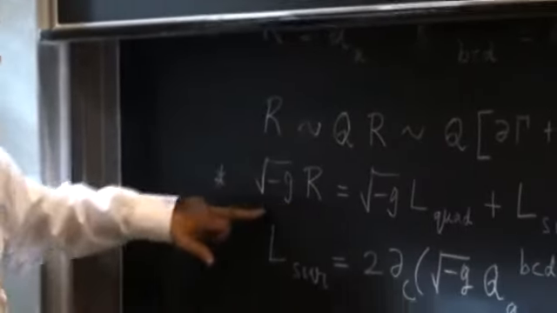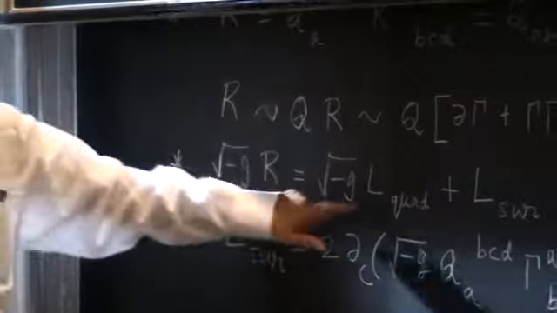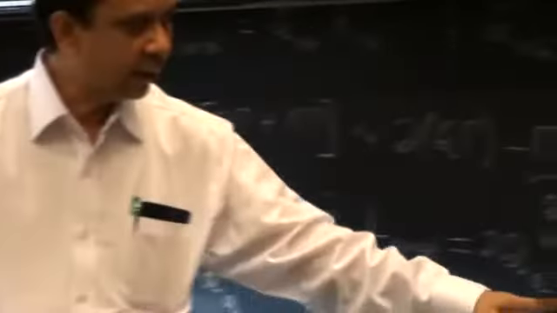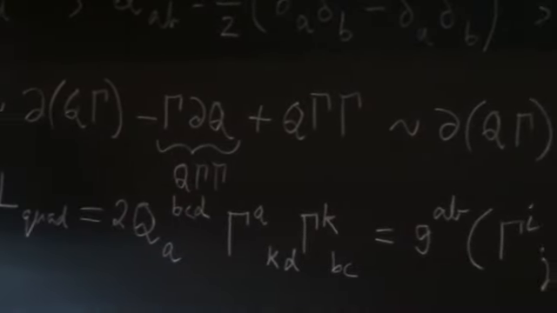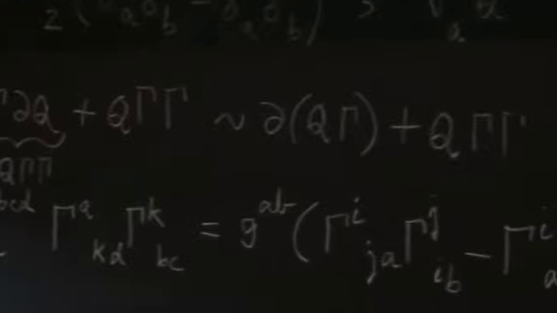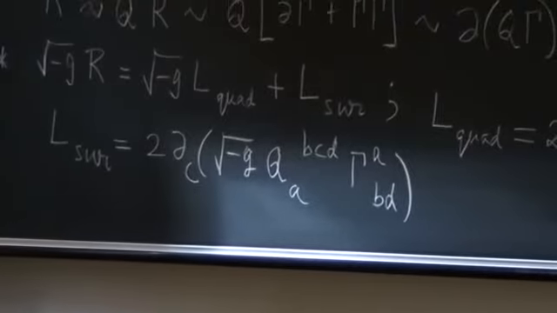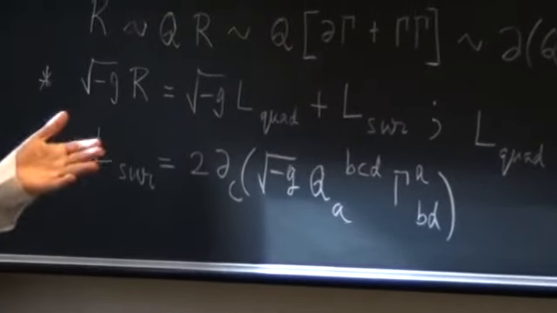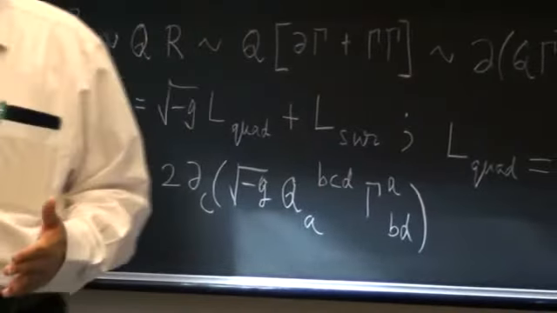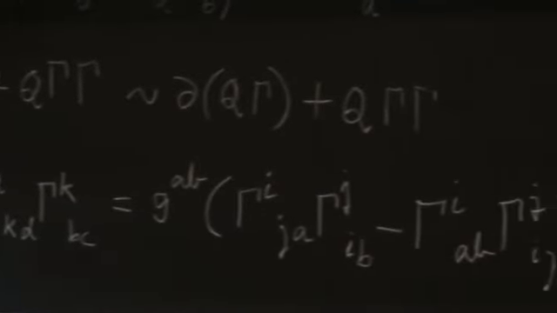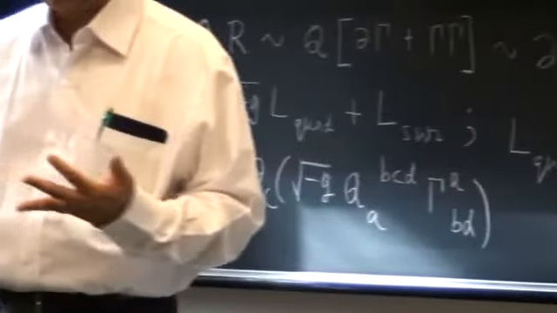So just to go back here, the root minus g times R has these two terms. There is a quadratic term which is quadratic in the Christoffel symbols and therefore quadratic in the first derivatives of the metric. And then there is another term, a surface term, which is of this structure. Now it turns out, and that I will not prove, but it is very straightforward and it is done in the notes, that the separation written in terms of this Q holds for all theories in which this Q^{abcd} has the symmetries of the Riemann-Christoffel tensor and it is divergence free in all the indices.